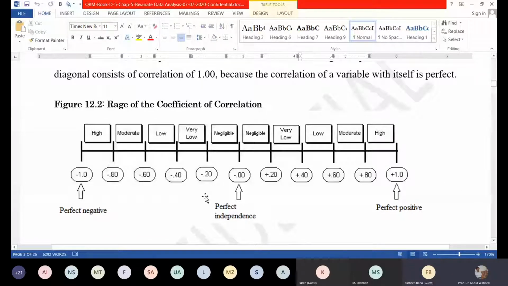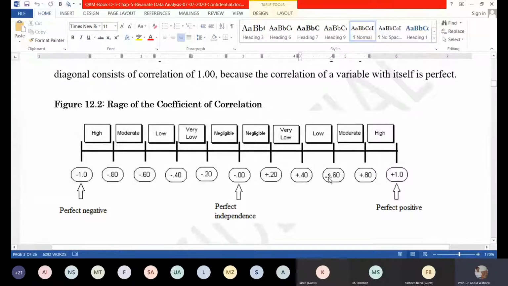You can see here, if it is -1, then perfect negative correlation, and between -0.8 and -1 there is high negative correlation, then we have moderate, then low and very low, and then negligible.